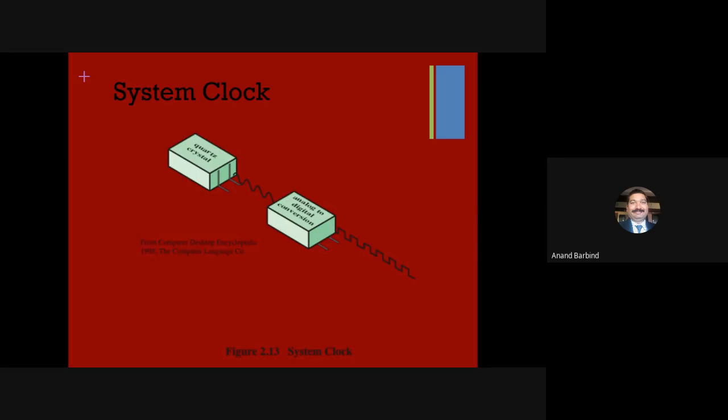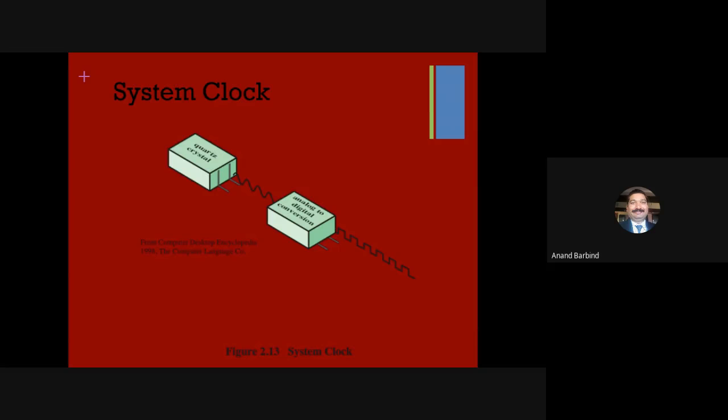All these sequential logic circuits have one important input, and that input is the clock. That clock is nothing but a square wave. Usually a quartz crystal is used for generating this clock, because the clock is to be generated at very high speed.